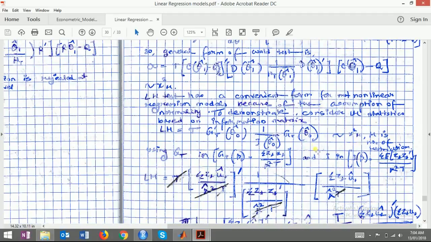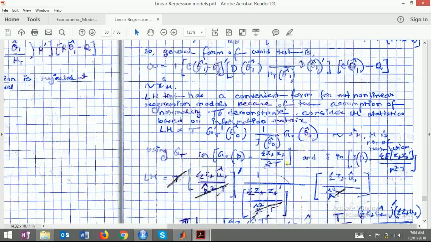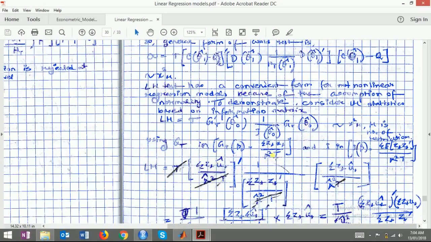Using G_T, in the gradient matrix we have Z_T U_T divided by sigma square, and in the information matrix we have Z_T transpose Z_T divided by sigma square T. We are getting these from before, as we can recall.